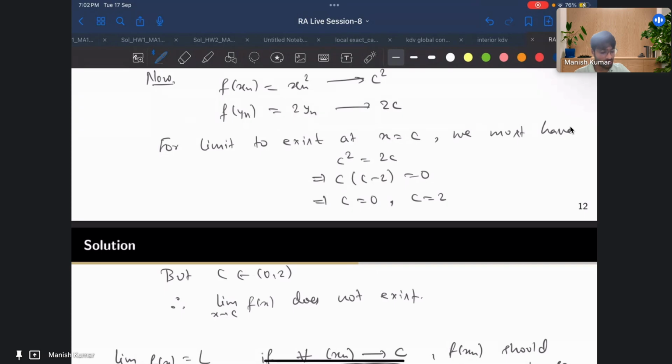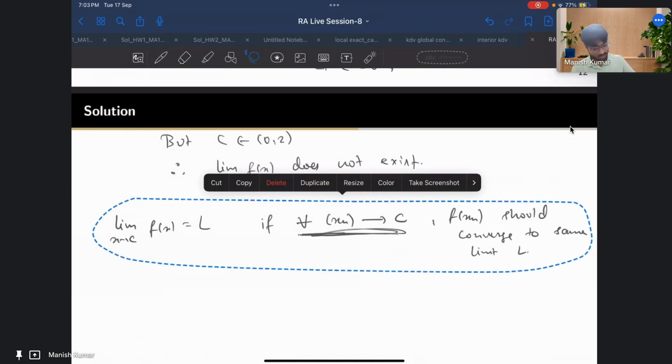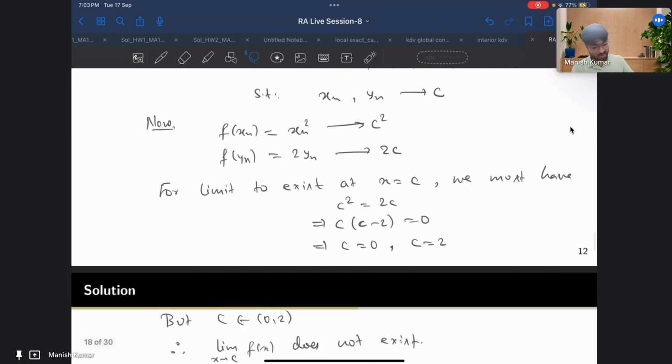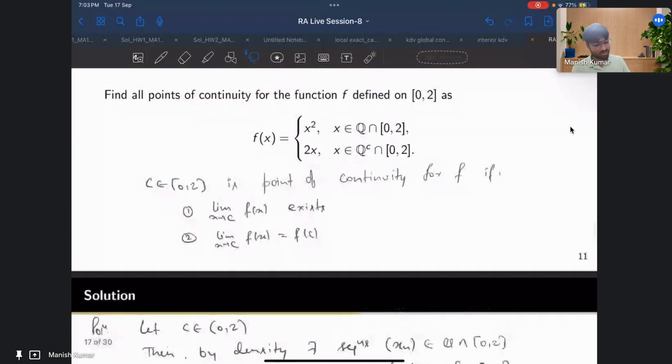This kind of argument always helps to prove that a function is discontinuous at some point, but for proving continuity you cannot use it. That's all I wanted to say here. So what we have got is that it is discontinuous at c not equal to 0, c in open (0, 2), which we have already proved.